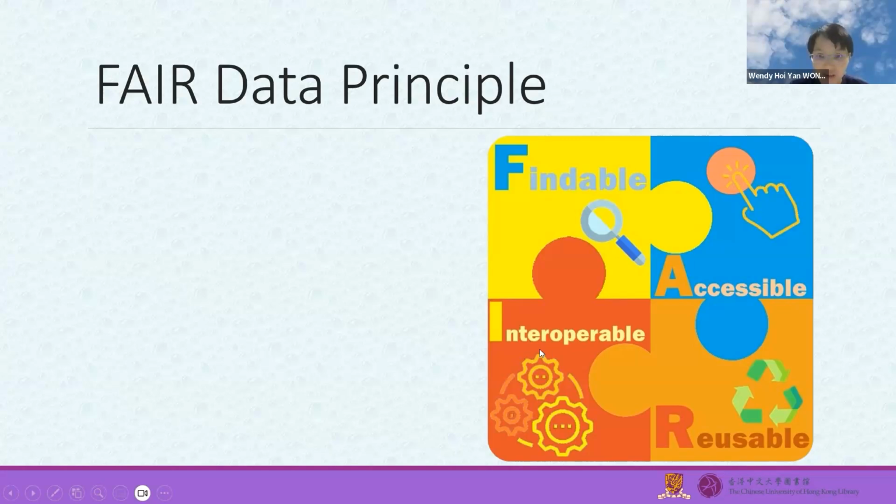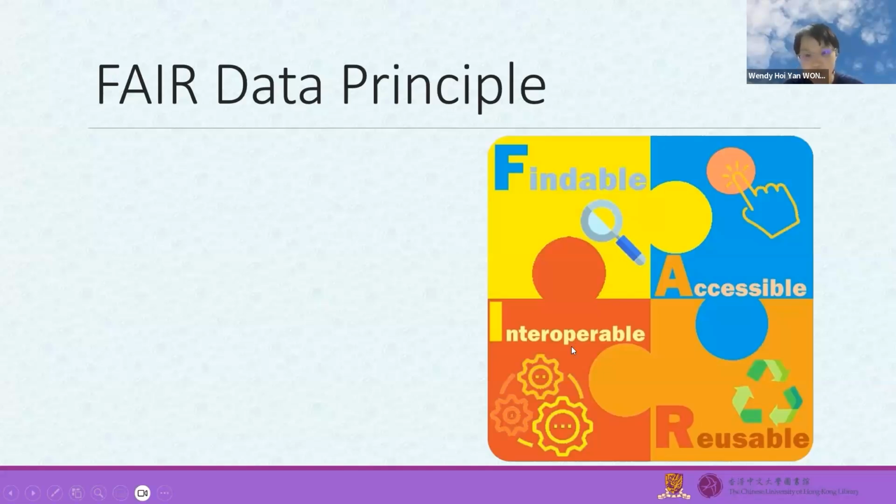Is the file format easily accessible to the others? Can they have the software to open that data set, the data files, and use the data files that you share? So this is interoperable and reusable.